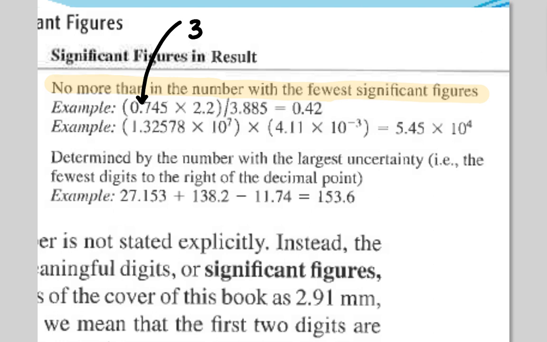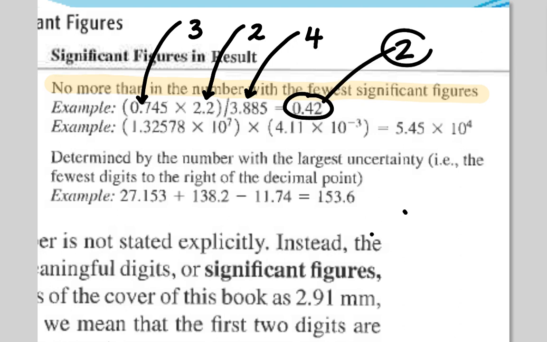That 0 on the left is not considered significant. How many sig digs here? 2. How many sig digs here? 4. And then in your answer, how many sig digs? 2. It has to be the same. Whoa, what just happened?